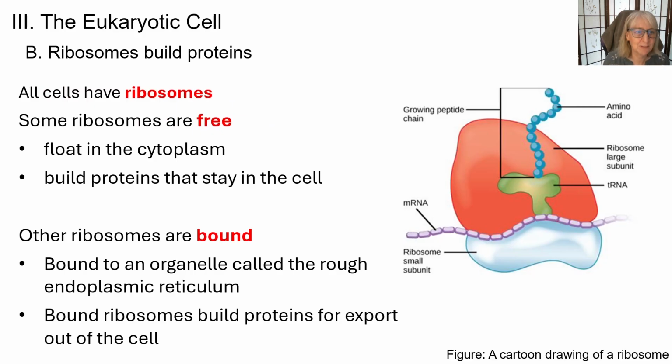All cells have ribosomes. In eukaryotes, some ribosomes are free and some ribosomes are bound. Free ribosomes means they're not tied to any organelle. They float around in the cytoplasm, and they generally are used to make proteins that are going to stay inside the cell. Other ribosomes are bound. Bound means that they're tied into some of the other organelles.